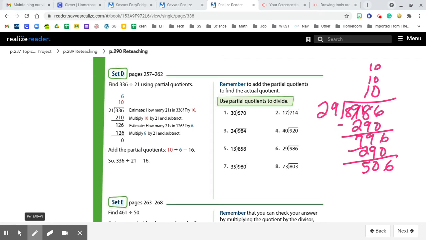Another 10, 290. And I can't take another 10 out again, so about 29 times 2, 9 times 2 is 18. That's 58.